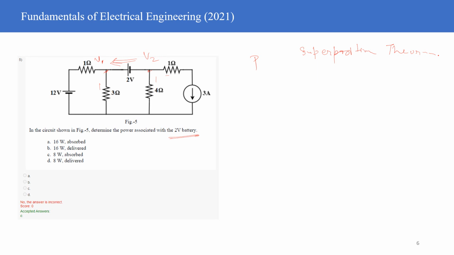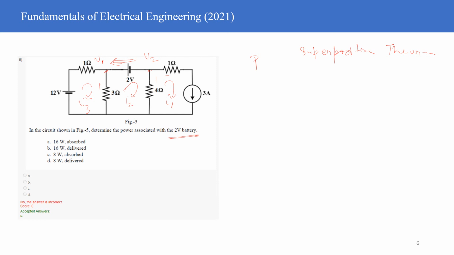So for the time being, I can just assume the current direction to be like this one, I1, and you can take the abnormal direction according to me, like current flowing into the battery, so I2, and then I can take this as I3, right? So same three directions of current.